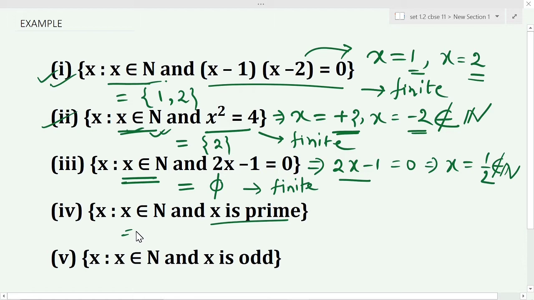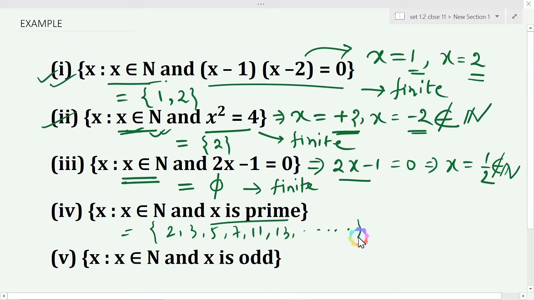So the elements of this set will be prime numbers: 2, 3, 5, 7, 11, 13, and so on.